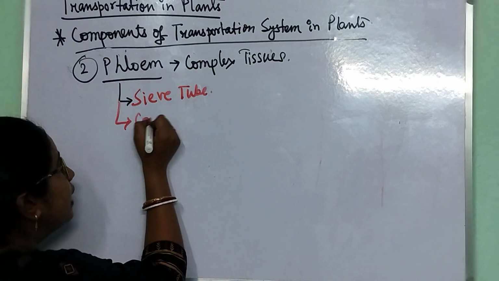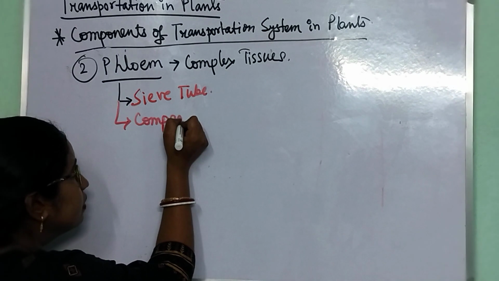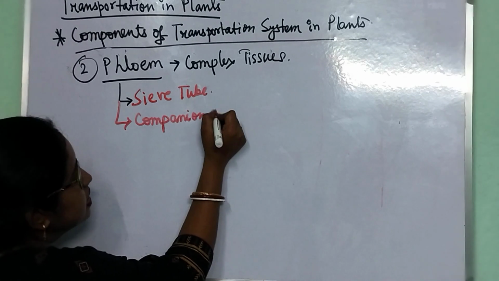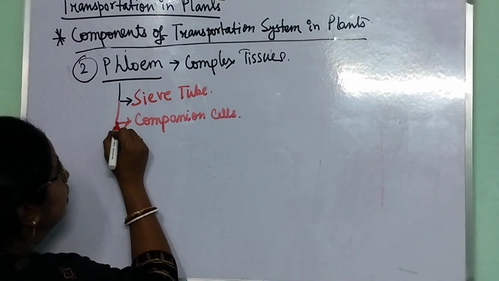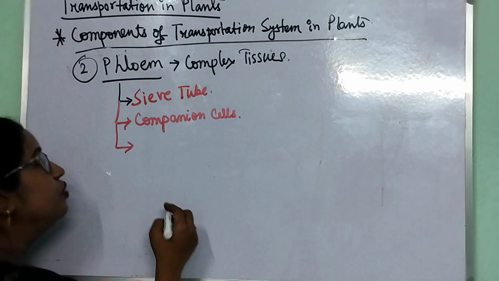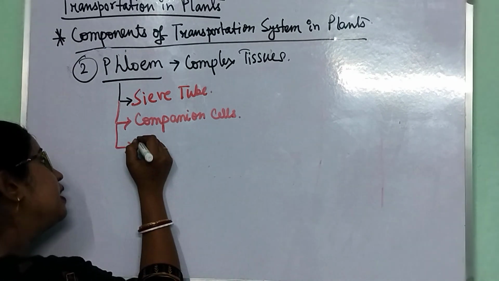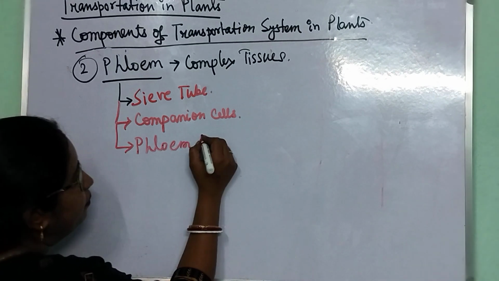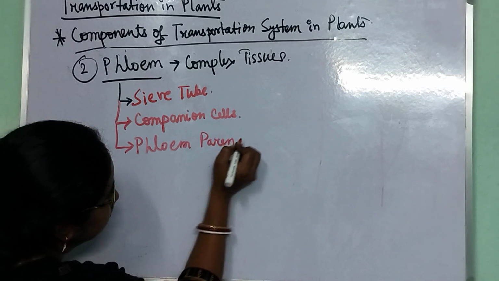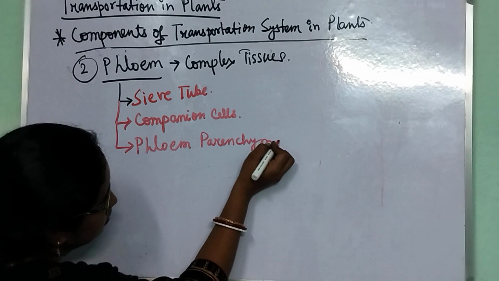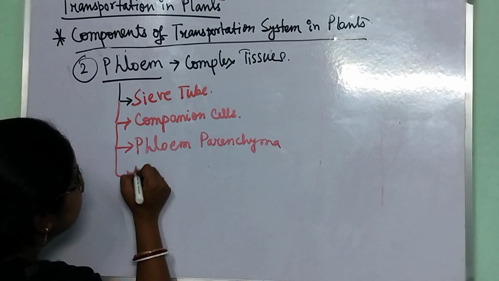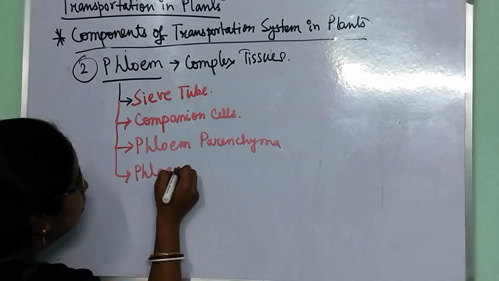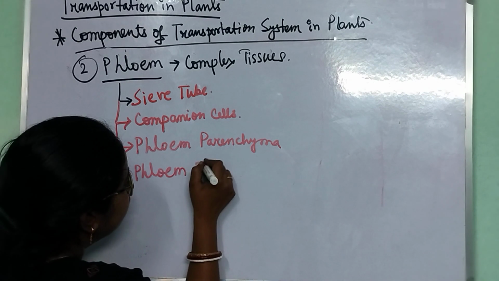Next is companion cells. The third one is phloem parenchyma, and the last one is phloem fibers.